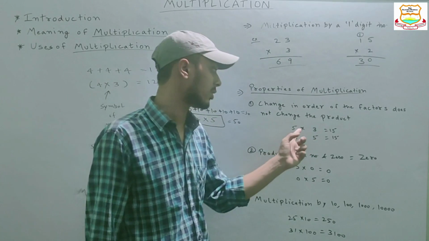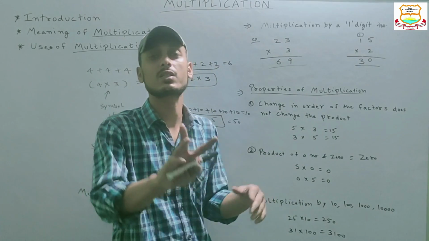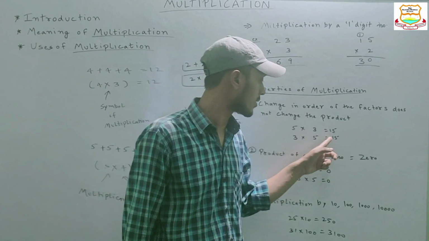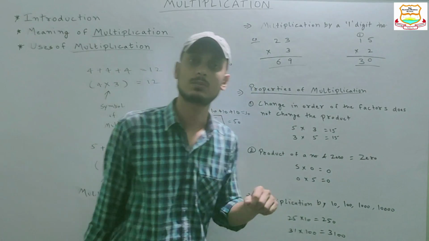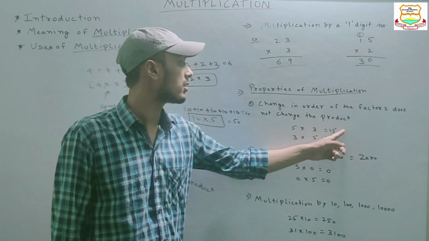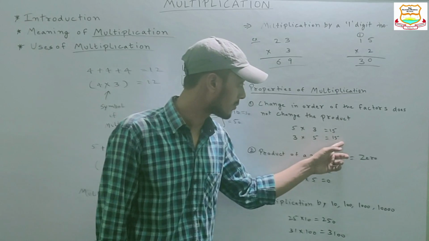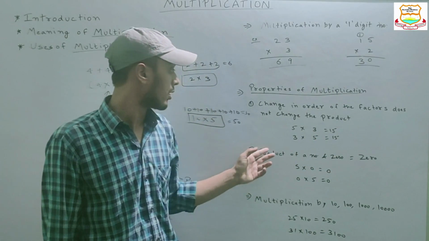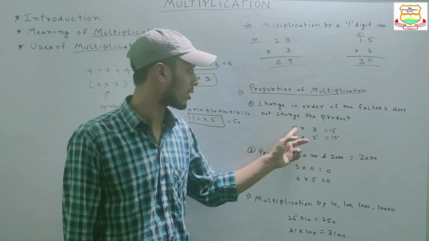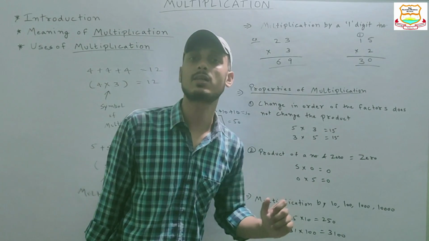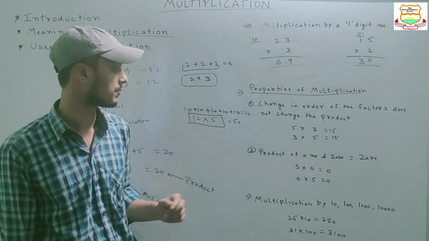Suppose we reverse this order. Order means arrangement. 3 multiplied by 5 is equal to 15. We see here that the answer is the same. We reversed the order of factors, and the answer remains the same.